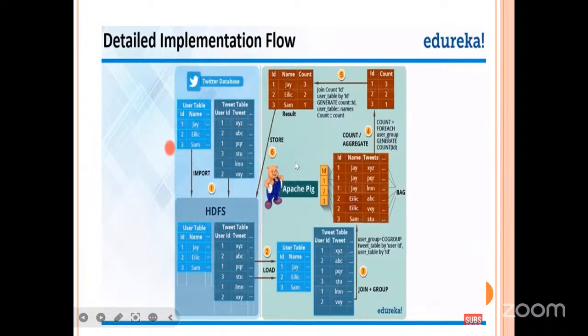So the number of users, you can write 1 to 10. Just put on 1 to 10 and some names. Right? In tweet table, the same user ID will come here, whatever he has tweeted. A same person may tweet the same data multiple times.